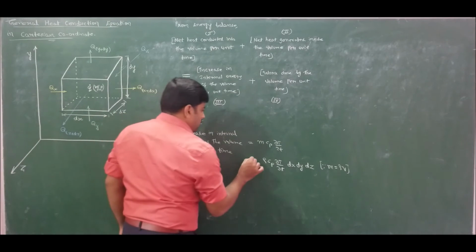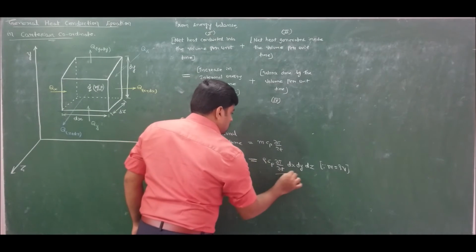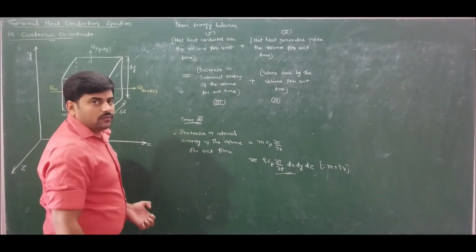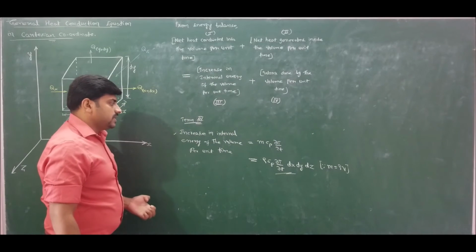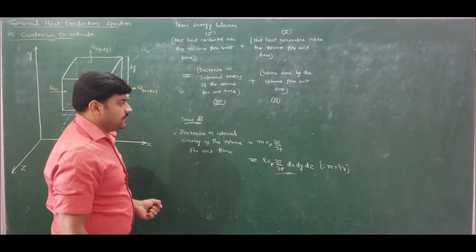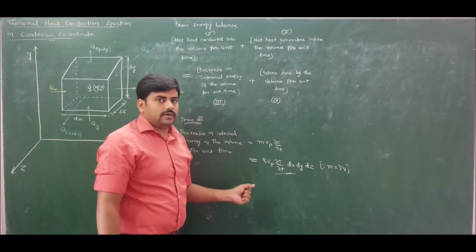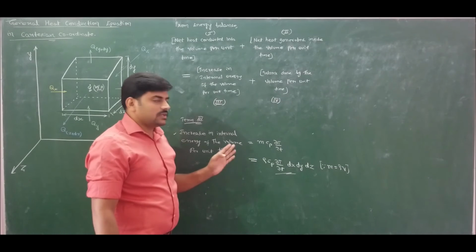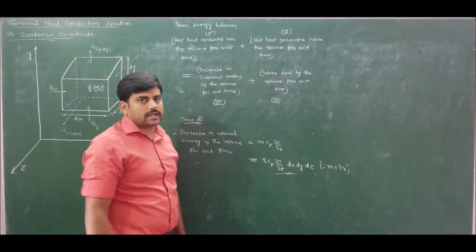So thereby we have calculated the increase in internal energy of the volume per unit time, which is rho Cp ∂T/∂t dx dy dz. We are using the partial derivative because temperature is a function of space in more than one direction, and also it is a function of time.